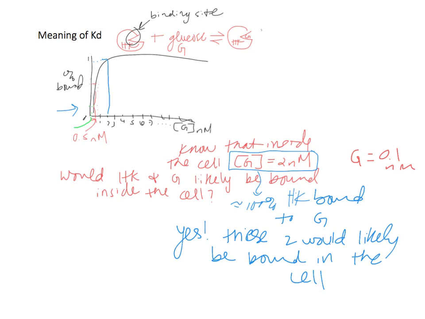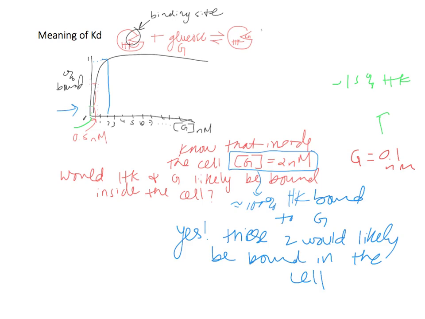Let's say 15% binding. This would mean approximately 15% of HK is bound to glucose, and this would likely not occur. Statistically unlikely that these two things would be bound inside of the cell.